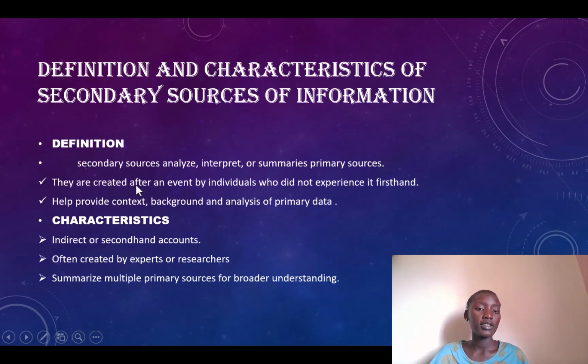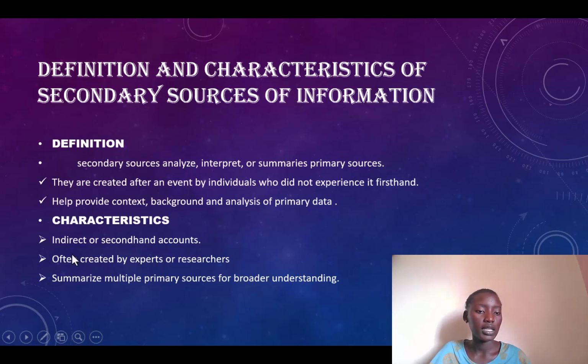They are created after an event by individuals who did not experience it firsthand. They also help provide context, background, and analysis of the primary data. So the characteristics include indirect or second-hand accounts, as we tried describing when we were talking about the definition.